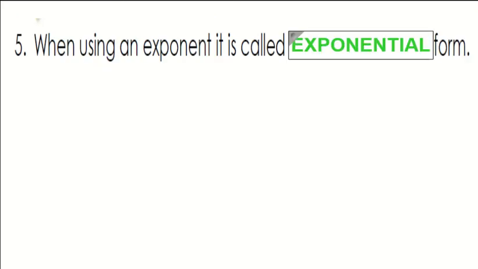When using an exponent, it's called exponential form. So when you see it as the power, that's exponential form. So going back to that 3 to the 4th, this is exponential form. It has an exponent, that's exponential form.